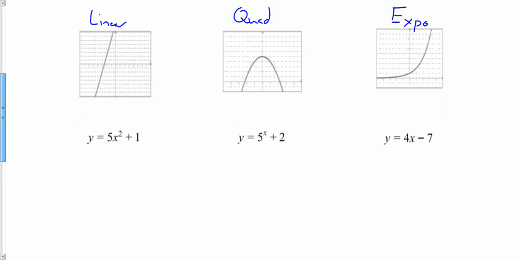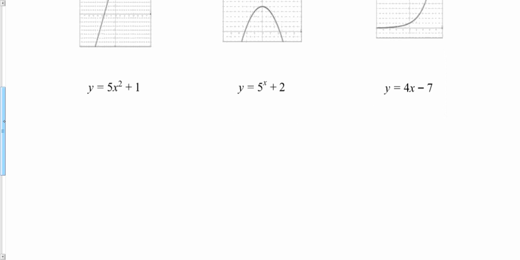The other way that you can look at it is simply by the equation. So what's the highest exponent in this equation? Well, here the highest exponent is positive 2. So this is going to be quadratic. In the middle, the highest exponent is a variable.